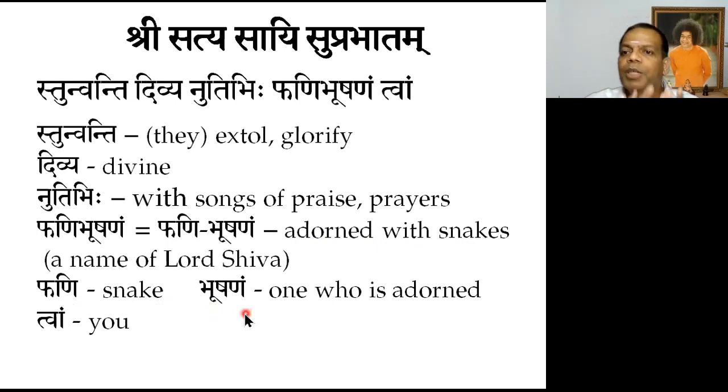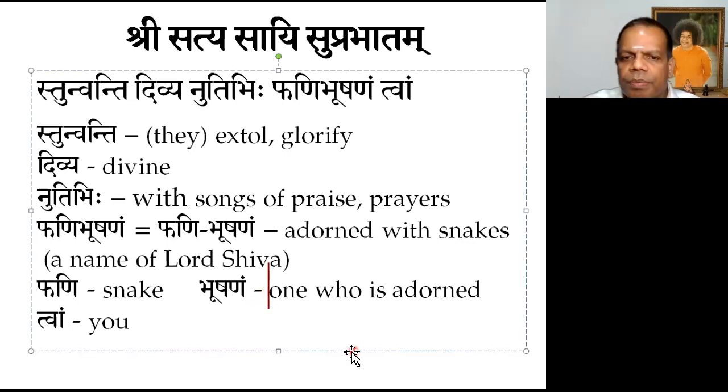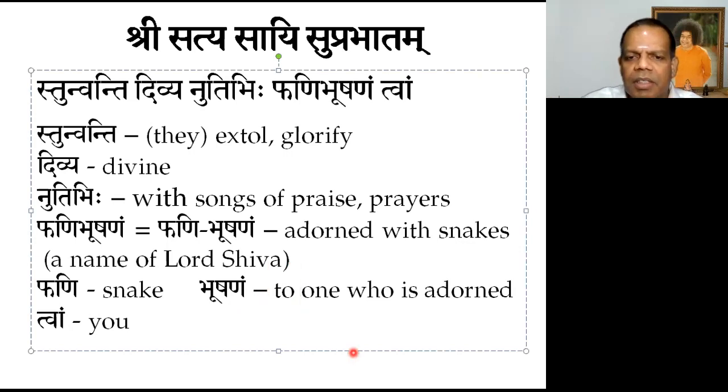When they're praying to you, I think that's the only way you can translate it in English. To you means to one who is adorned. Maybe I should put the word to. It's not the best preposition, but to one who is adorned. So they are singing songs of praise to you.